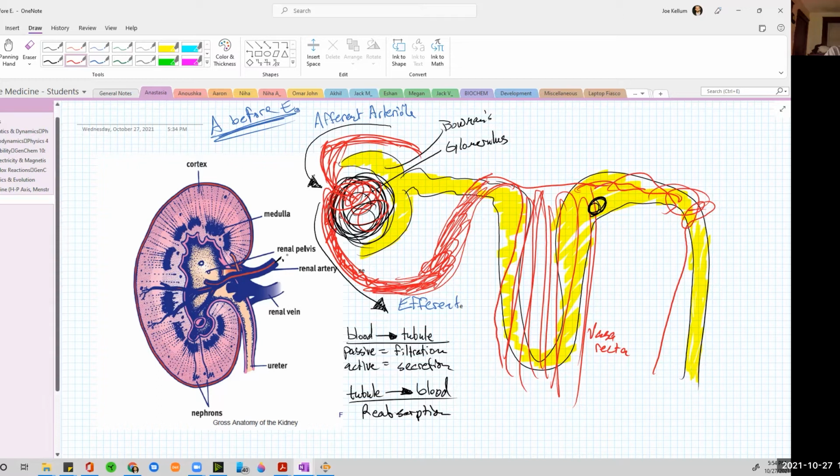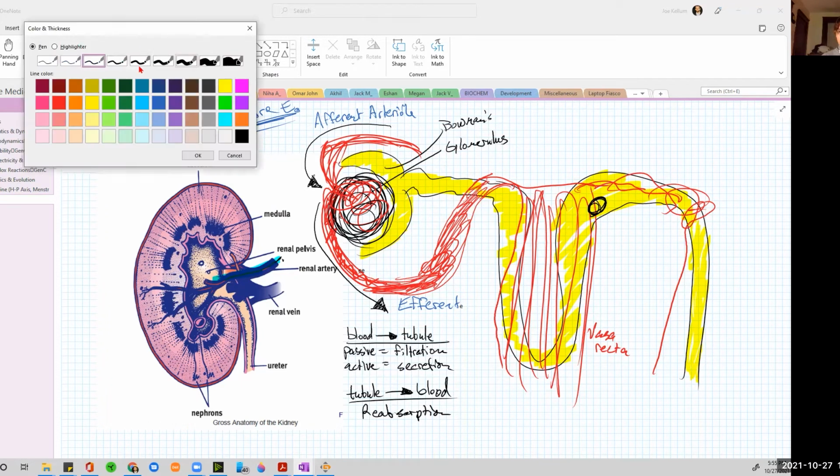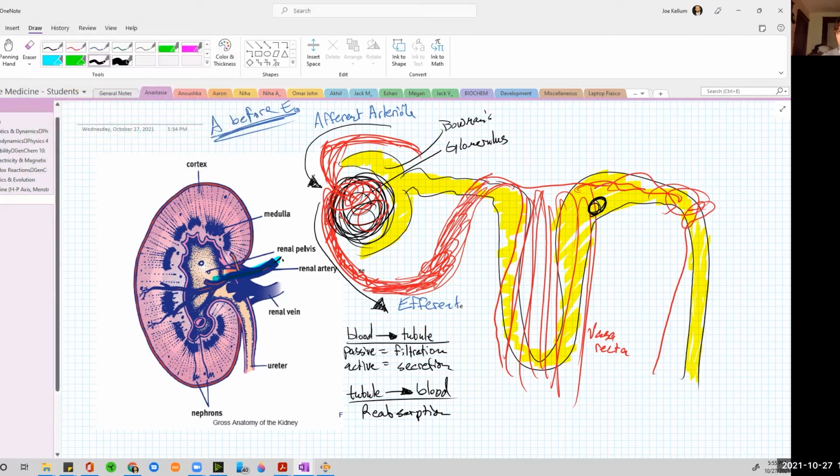And so this renal artery that comes in turns into first the afferent arteriole, and then it goes into the glomerulus, and then the efferent arteriole, and then follows the tubule along. Notice how when this comes in, it is coming in from the very center of the kidney in what's called the renal pelvis.